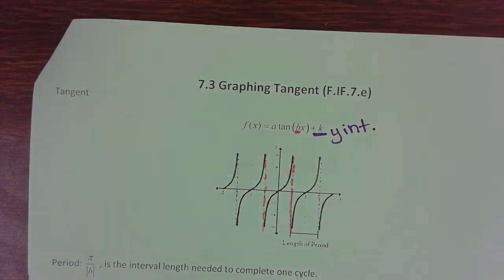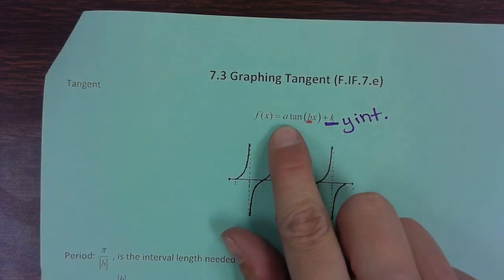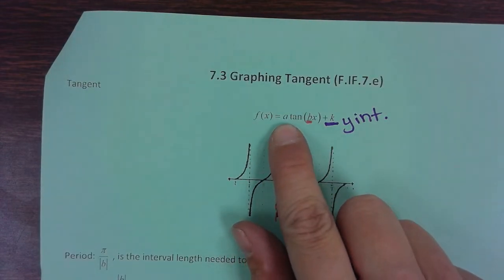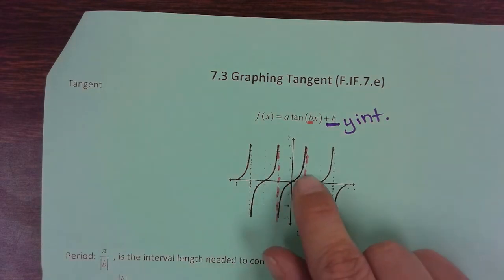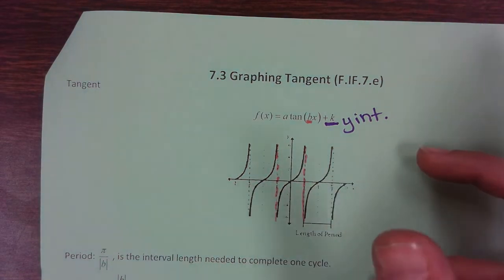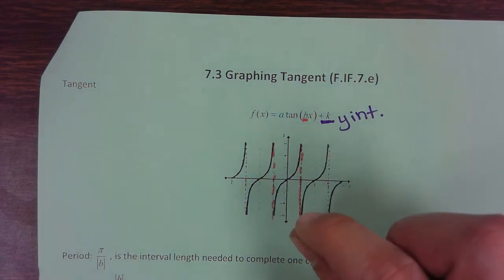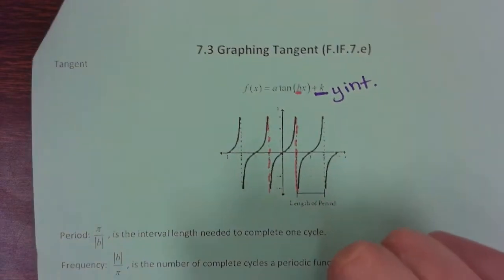And A is our amplitude. In this case, the amplitude is not going to affect how our graph looks, because that would be like stretching or shrinking. We still have the same shape, okay?